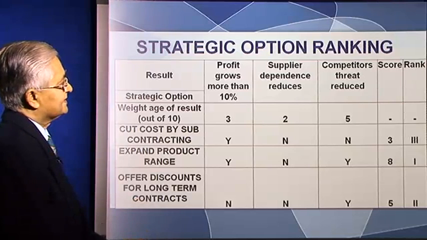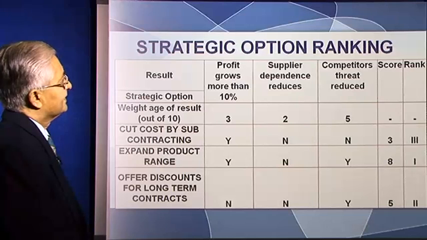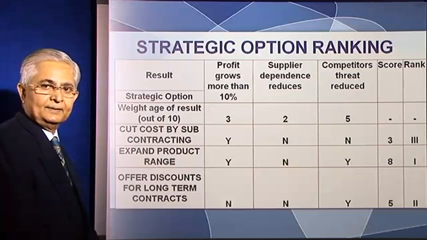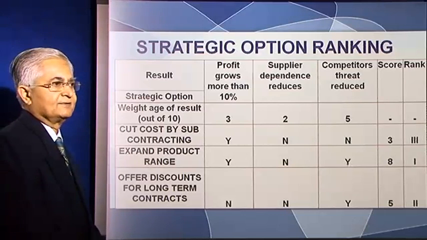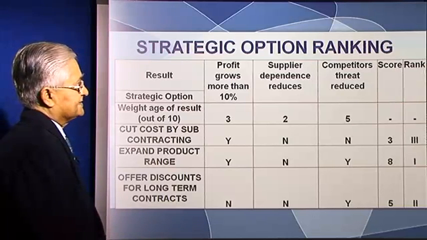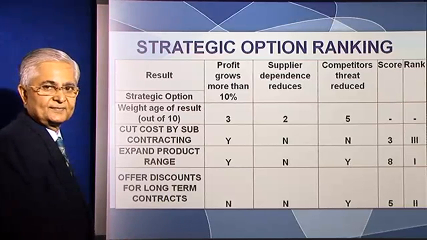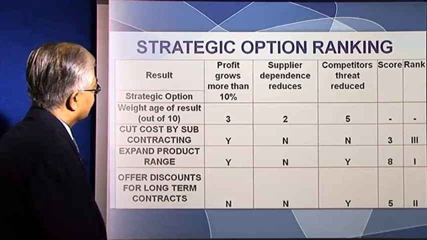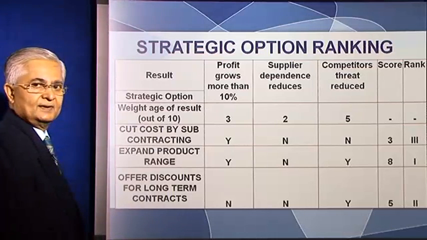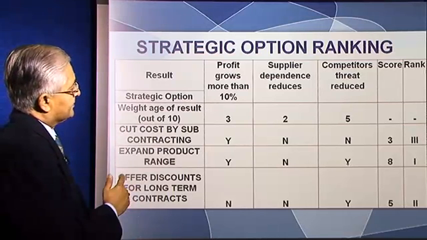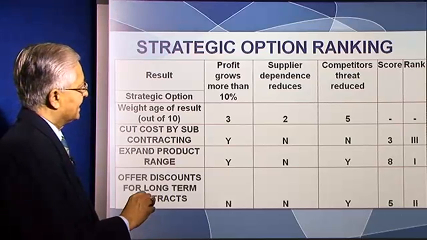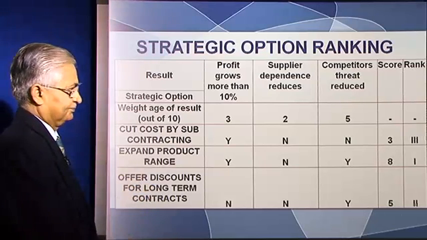The third key result area to evaluate the strategy is: is the threat of competitors reduced? The company expects an increased competitive threat, and therefore, will the competitive threat be reduced? That's the third result area. Now, the company has weighted these three areas out of 10. Revenue growth by more than 10% has been given a weightage of 3.